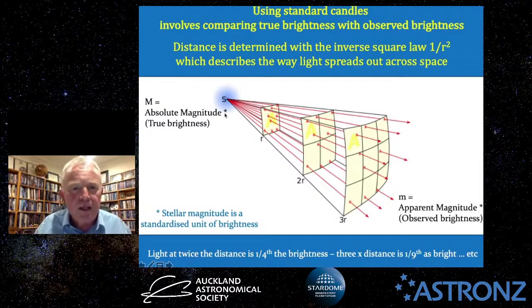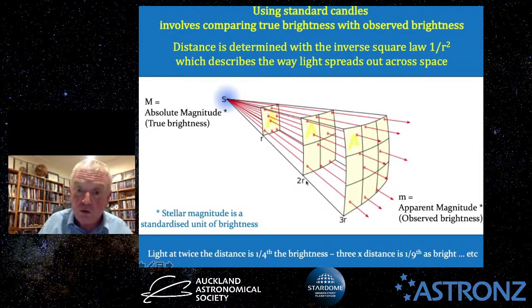So the point is, if you have a source of light of known brightness, and it goes out a distance of r with a set brightness seen from distance r, if that light is allowed to travel out to twice the distance at 2r, the light has to spread itself out over 4 times the area, which means it's going to be 4 times as dim.